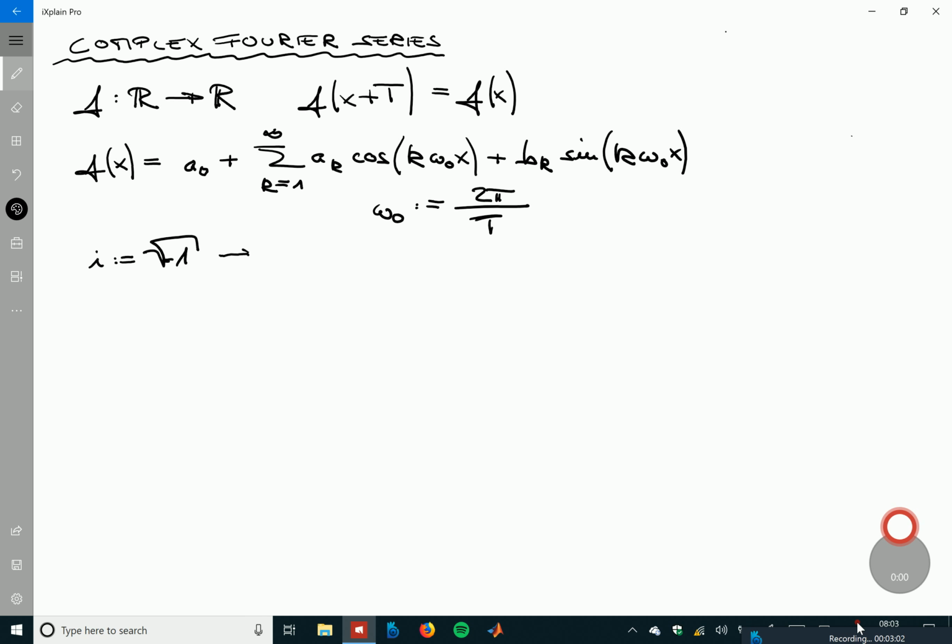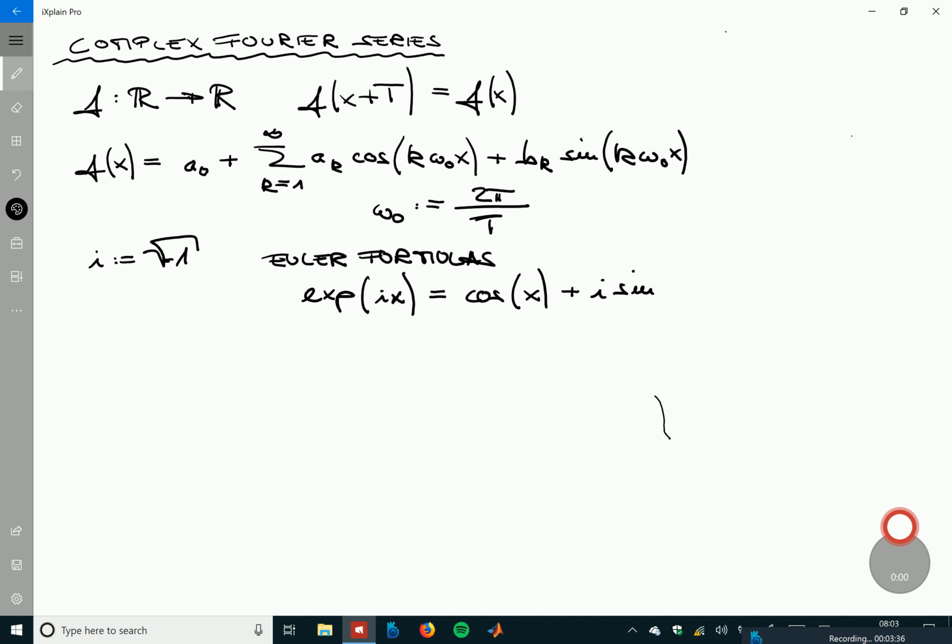And as I said, the most important thing that we need from this whole complex of complex numbers are the Euler formulas, and specifically this first Euler formula, where you have the exponential function with the imaginary unit times x being equal to cosine of x plus the imaginary unit times the sine of x.